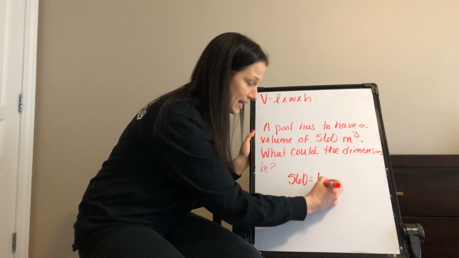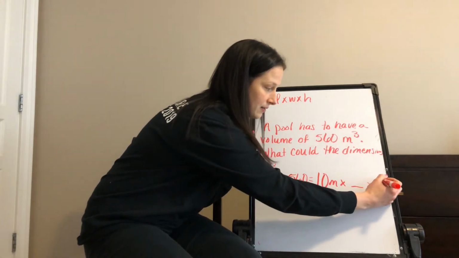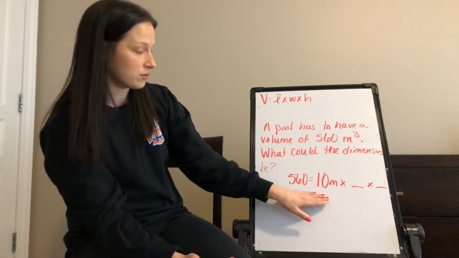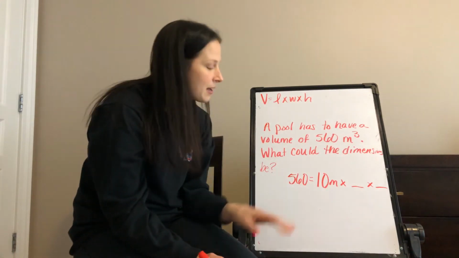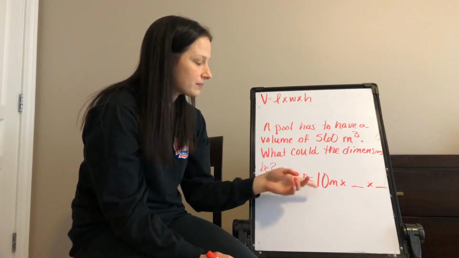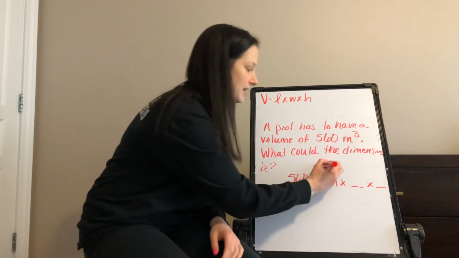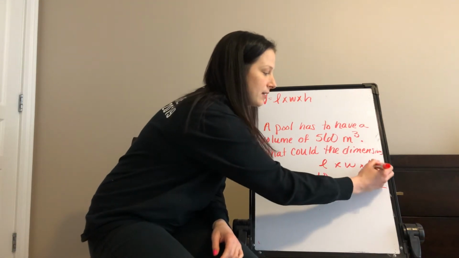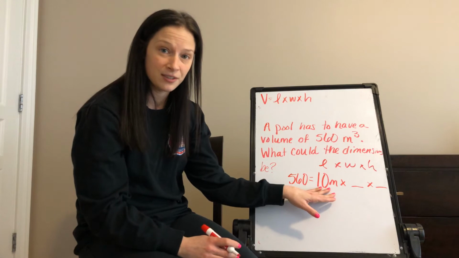I'm going to make my length 10 meters. I know that I have to think of 2 other numbers I can multiply. Or no, wait, I call this my length. I'm sorry. All right, so let's say the length of the pool is 10 meters.